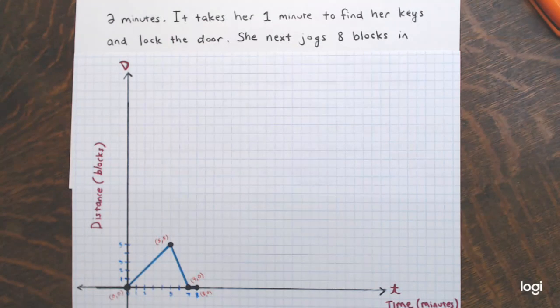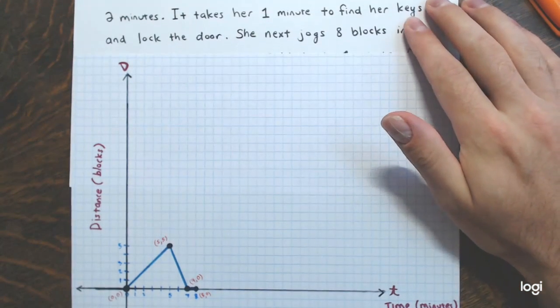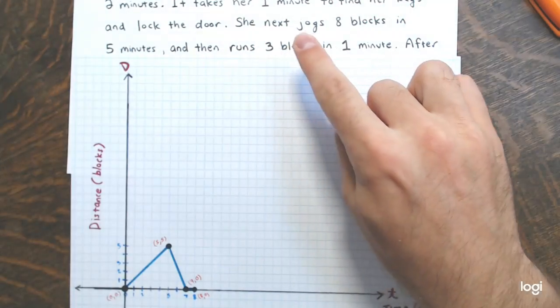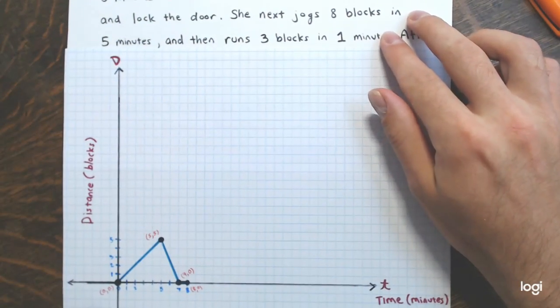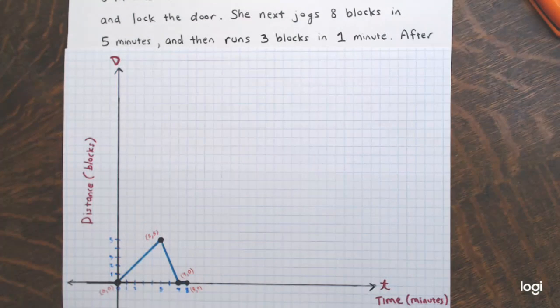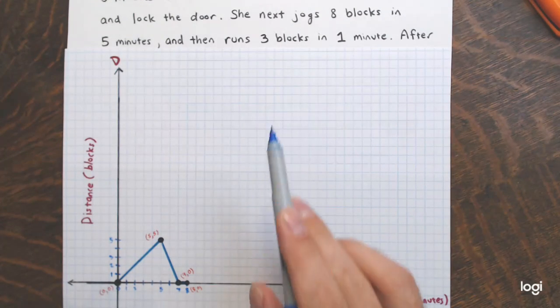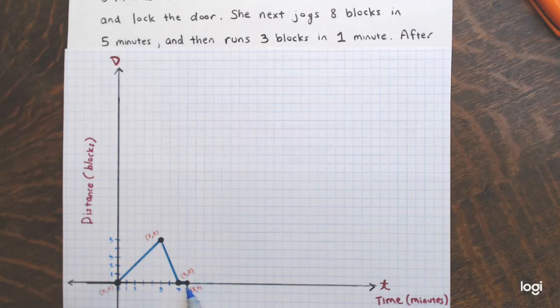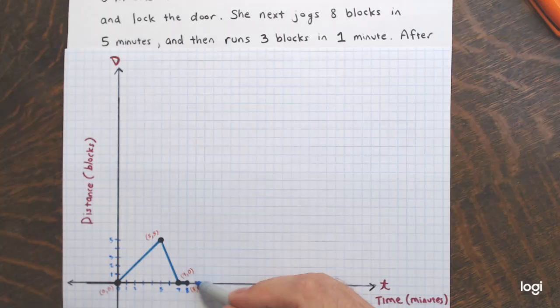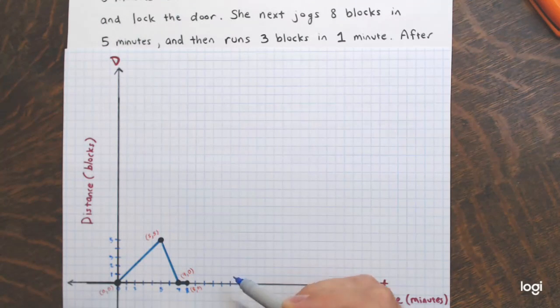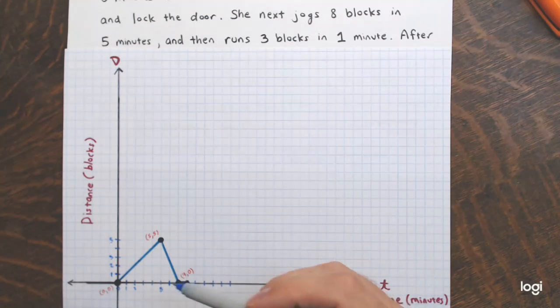All right. Then after that, it says she next jogs 8 blocks in 5 minutes. Again, we're going to assume a constant speed. So she found her keys and locked the door at the 8th minute, and then in the next 5 minutes, so 9th minute, 10th, 11th, 12th, and 13th, right? She jogs 8 blocks.